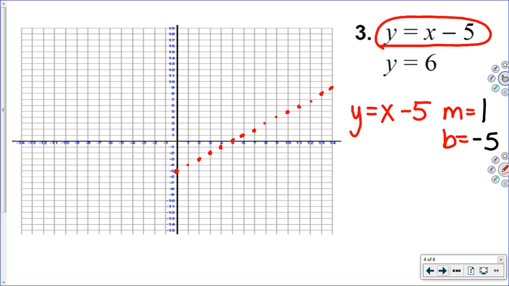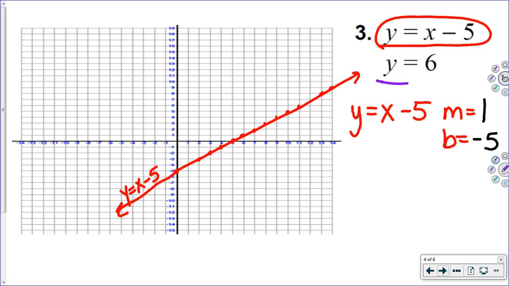I'm making all of the dots so that I have a straighter line since I don't have a straight edge for the Smart Notebook, but you should be able to use your ruler to get a straight line. This is y equals x minus 5.